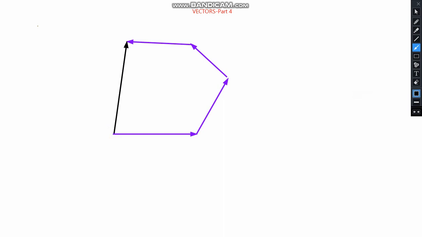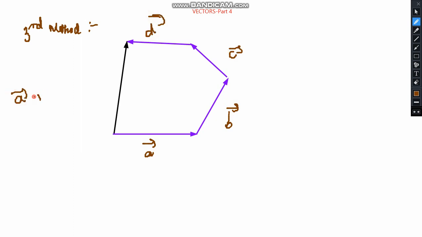This is the final vector. This is the third method. If this is A vector, this is B vector, C vector, D vector, the resultant is A vector plus B vector plus C vector plus D vector. Same thing, just adding.